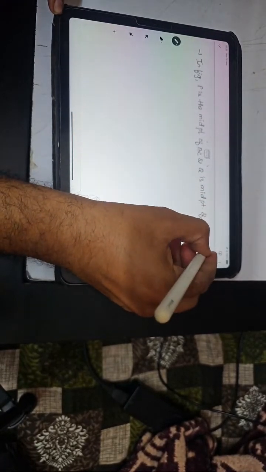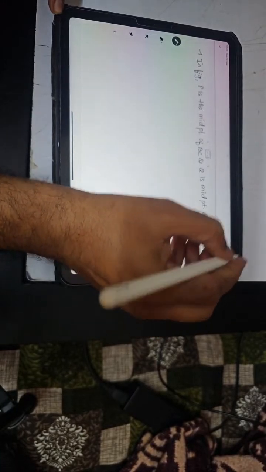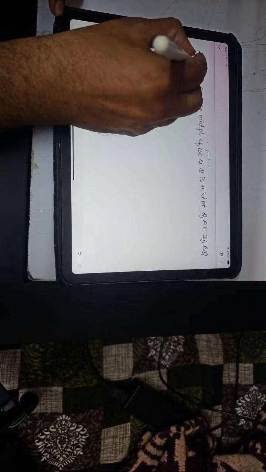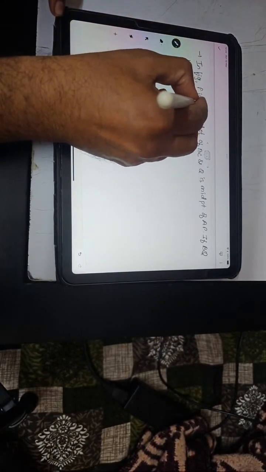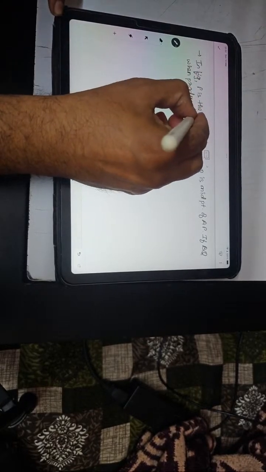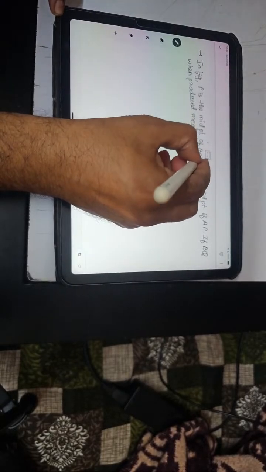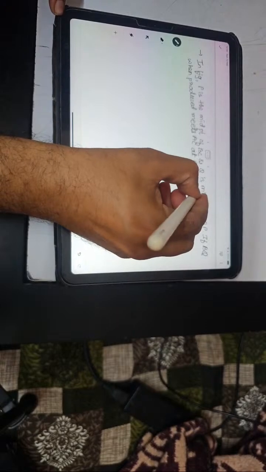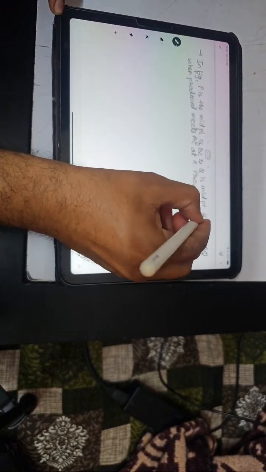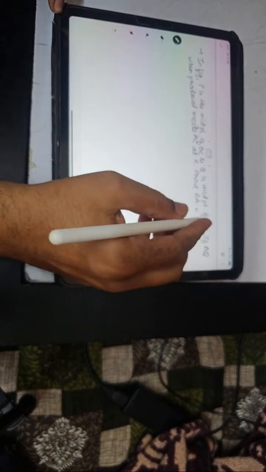If BQ, when produced, meets AC at R, prove RA equal to 1/3 CA.